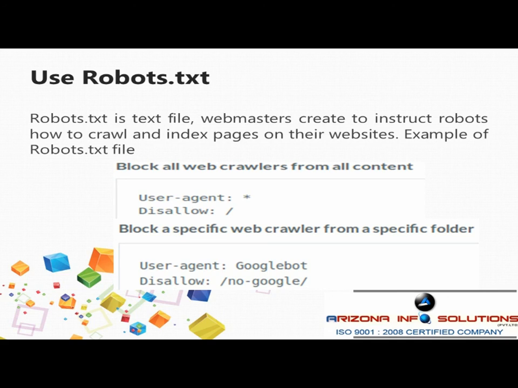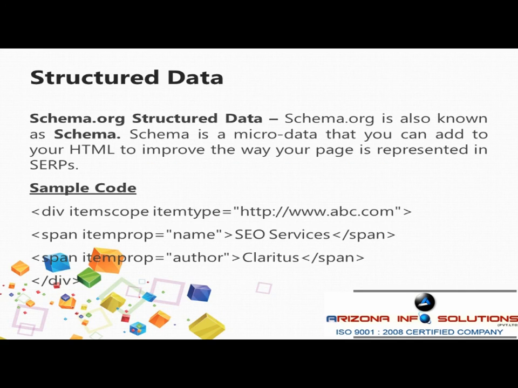Canonicalization. Canonicalization refers to individual web pages that can be loaded from multiple URLs. This is a problem because when multiple pages have the same content but different URLs, links that are intended to go to the same page get split up among multiple URLs.